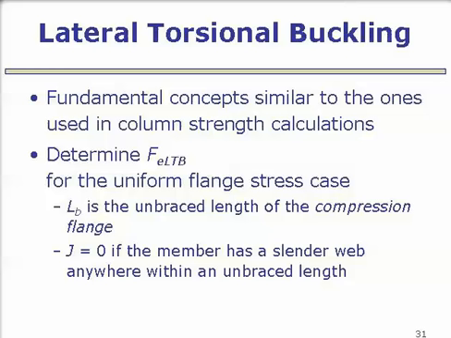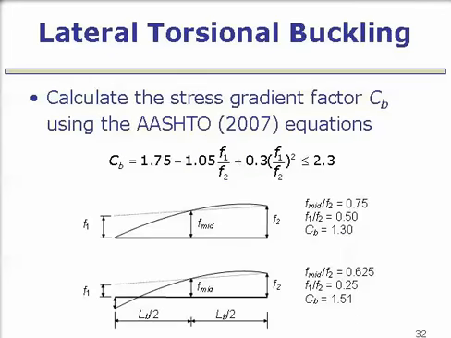We suggest using alpha_b as the brace length of the compression flange, and you have to use J equals 0 if the member has a slender web anywhere within the brace length that you are looking at. We suggest using the AASHTO 2007 equation to calculate C_b, which is this equation. Please note that this equation is in terms of flange stress.